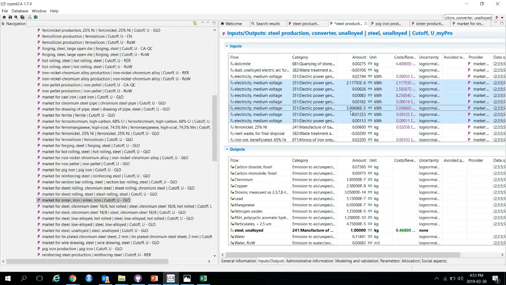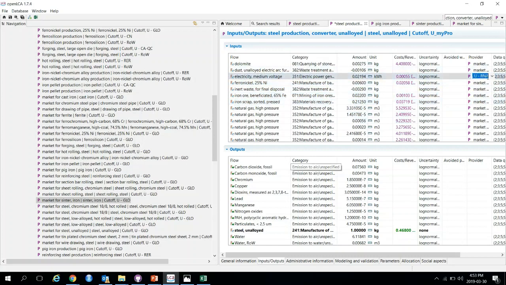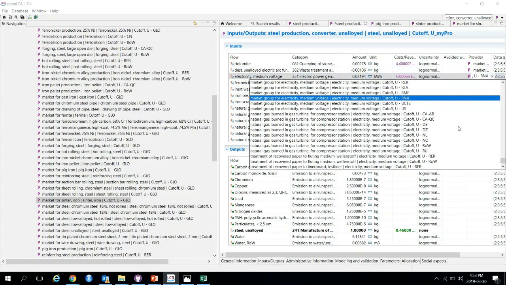Now I can essentially get rid of these ones, remove the selected processes inputs, because we already have the electricity that we want now. We just added it up. And since it's in Alberta, we can assume the grid mix. So let's find a market provider for electricity.